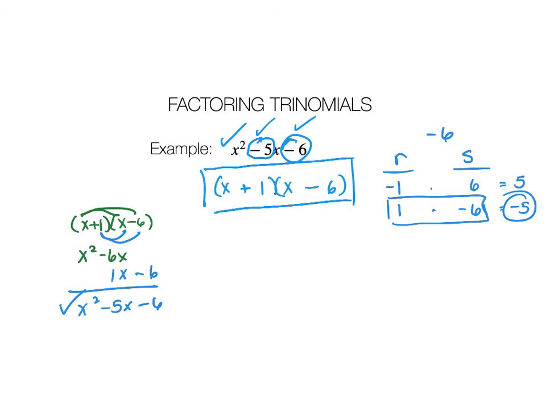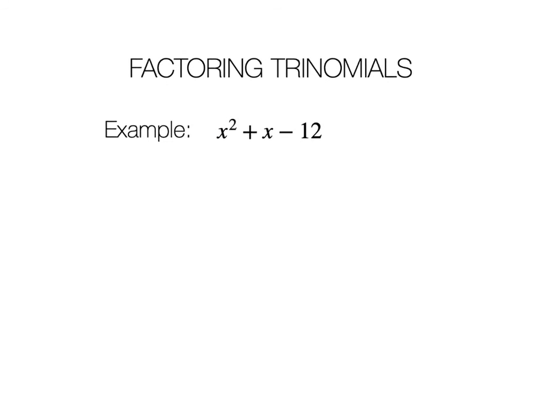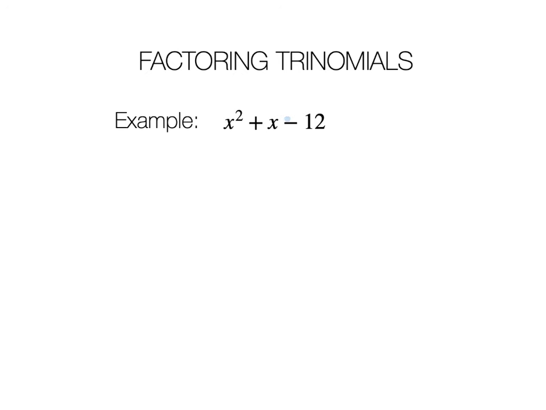Okay, and in general, everybody, if your C value is negative, like this one is, it turns out that one of these will be negative and the other one will be positive. They have to have opposite signs because their product has to be a negative number. This one, so right away you'll notice here we got a negative.